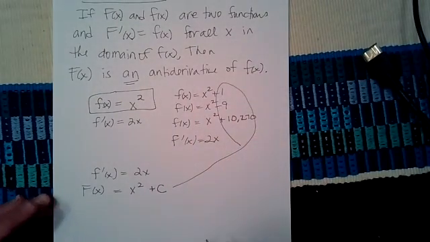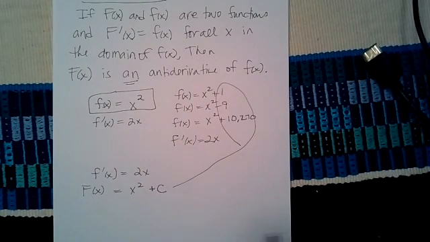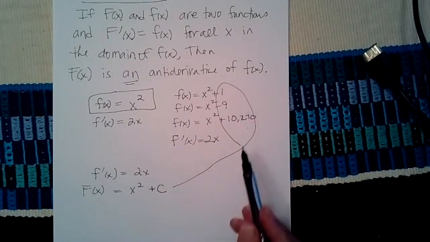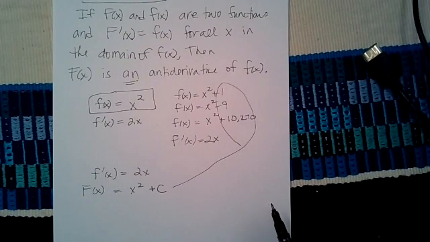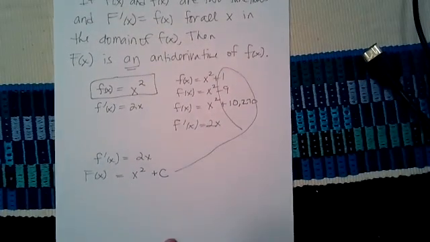Okay, so it's really the family of antiderivatives. So in 6.1 and 6.2, after any antiderivative, we're going to put plus c, because the derivative of any constant is 0. Okay.